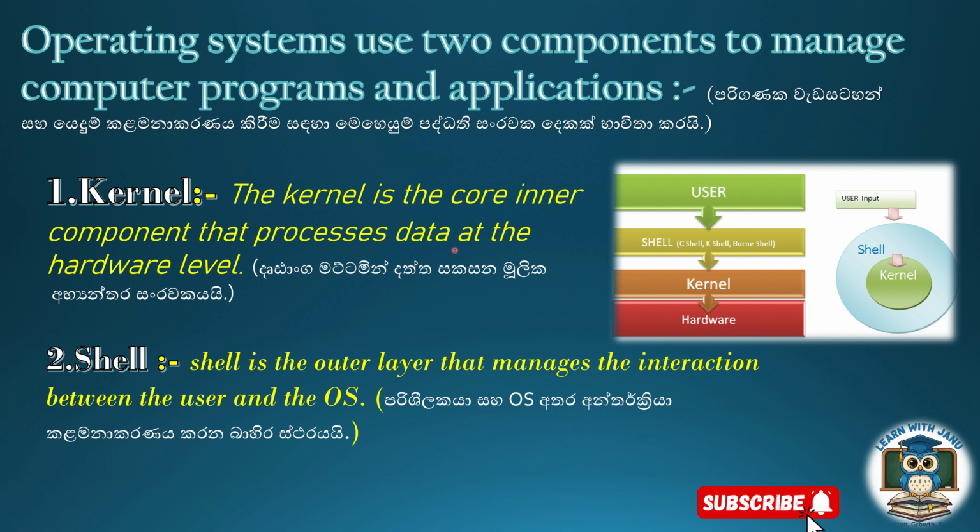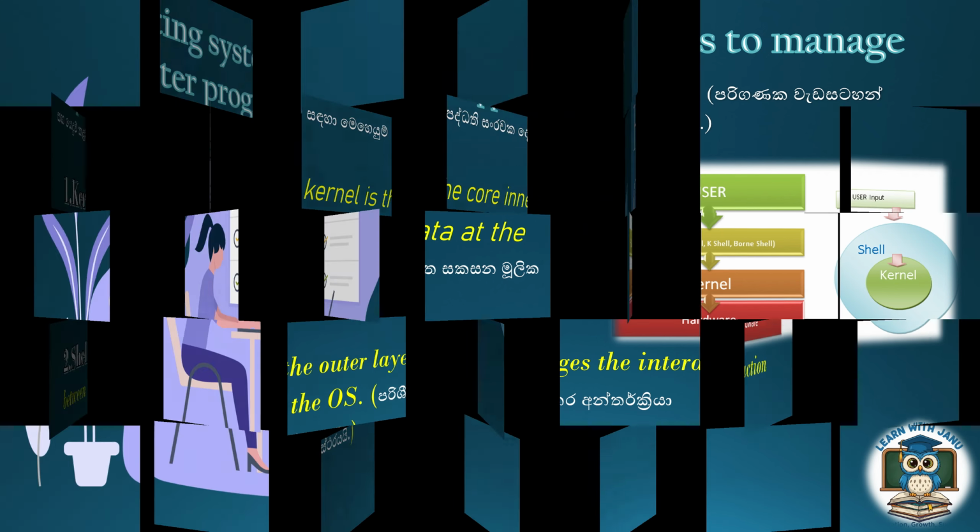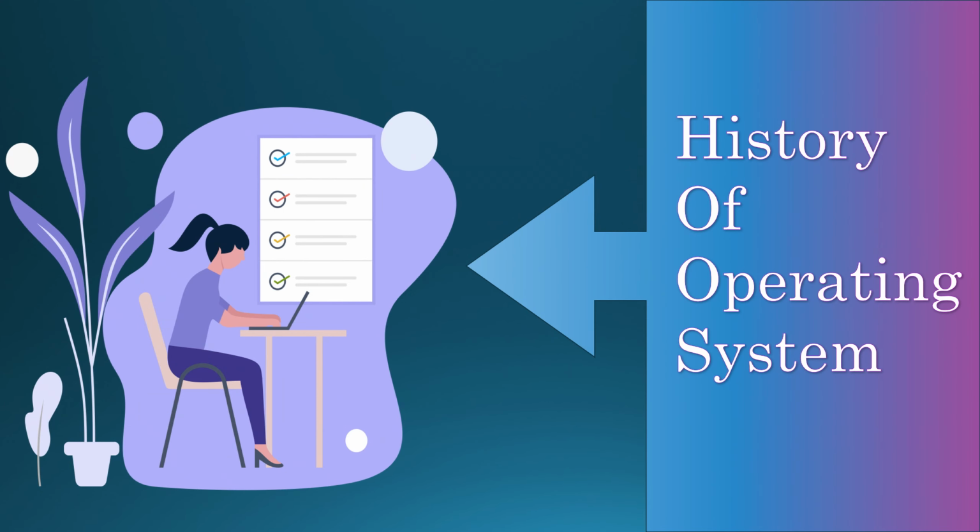The kernel is the core inner component that processes data at the hardware level, and the shell is the outer layer that manages the interaction between the user and the operating system. So these are the two components that operating system uses to manage the computer programs and applications. These are kernel and shell.